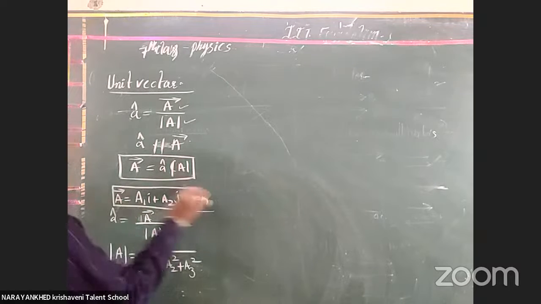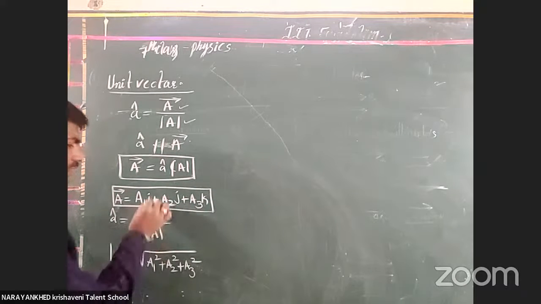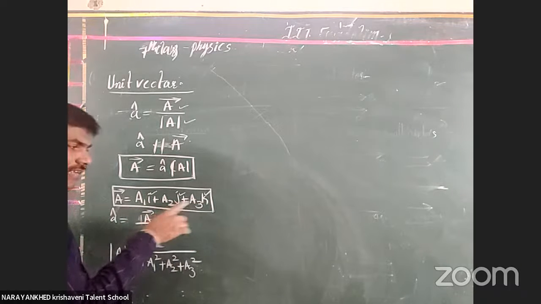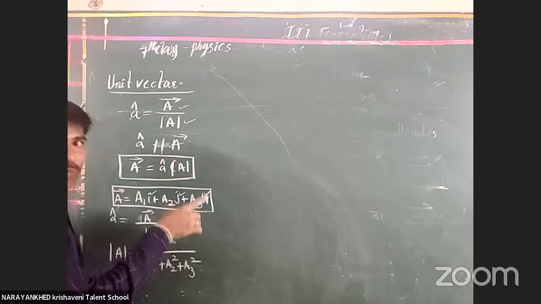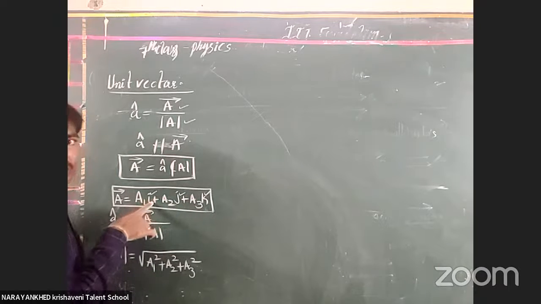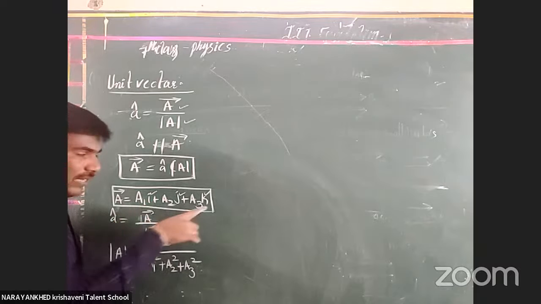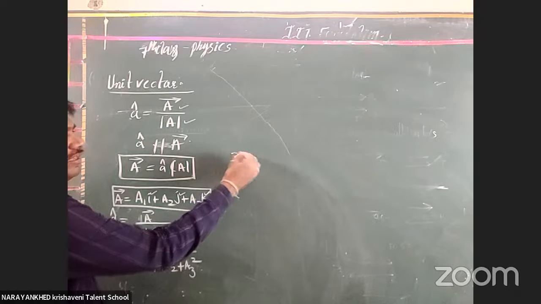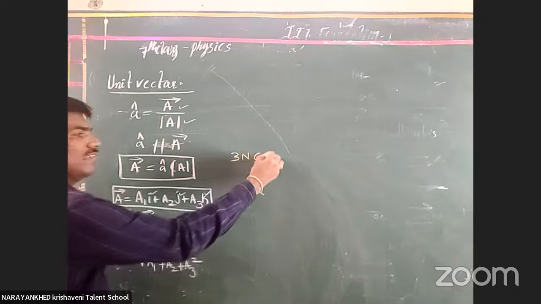This is the vector representation. I bar, J bar, K bar are the unit vectors along the x-axis, y-axis, and z-axis. When you write a vector in physics, you write it in this particular format only. We can't simply write 3 newtons east side.